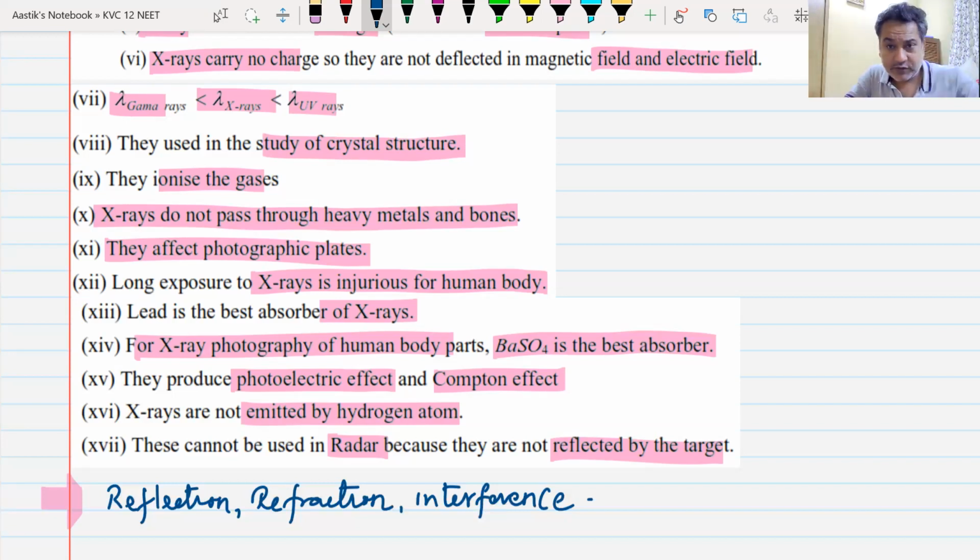No? Your body does not produce X-rays, beta. Does your body produce X-rays?